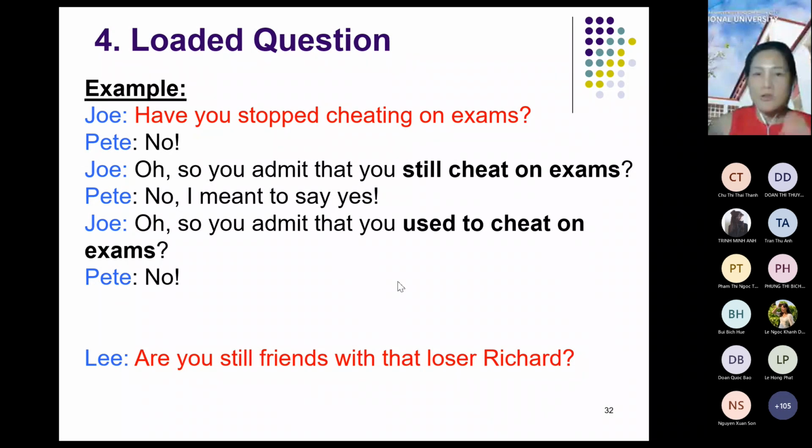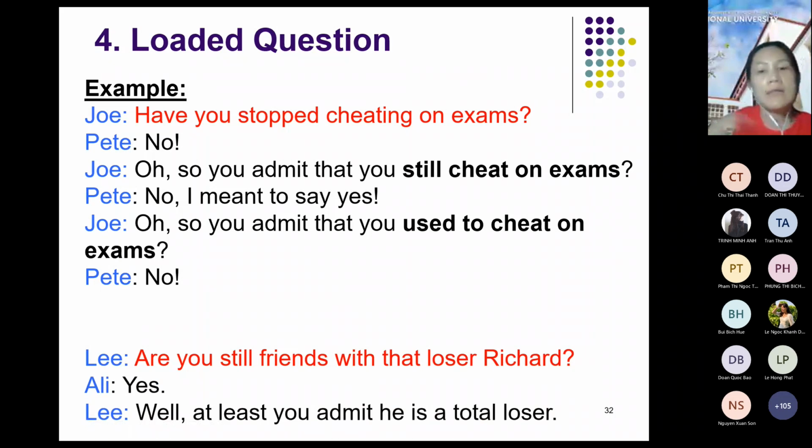So in this case, you can see that we also receive negative information, of course not about ourselves, but about our friends. If we just say yes or no, then they will continue. But if we say no, my friend is not a loser, and of course we are still very best friends, we are close friends. Got it? So this is how we deal with the loaded question policy.